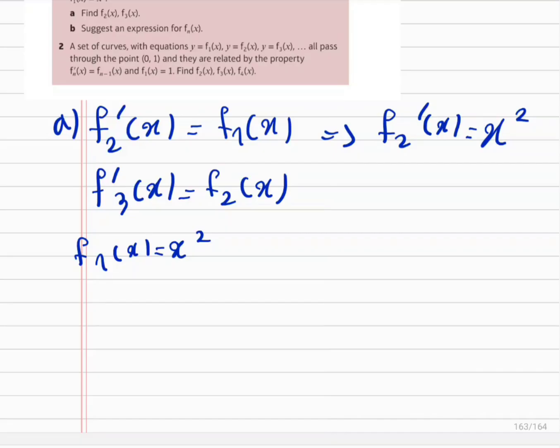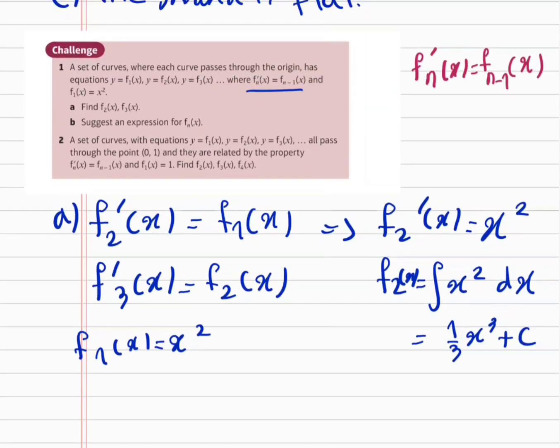So if we want to find the second function, we just need to integrate x squared. So we can then write f2(x) is equal to the integral of x squared with respect to x, which is equal to 1 over 3 x cubed plus c. But to find this constant term, we just need to use the fact that each curve passes through the origin.